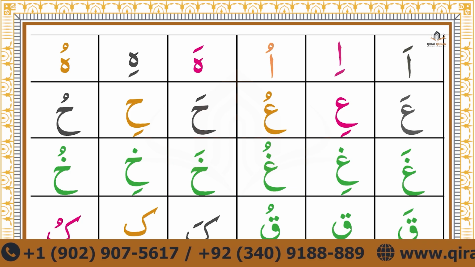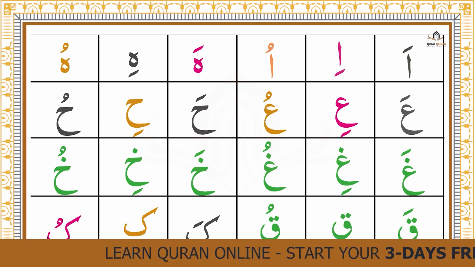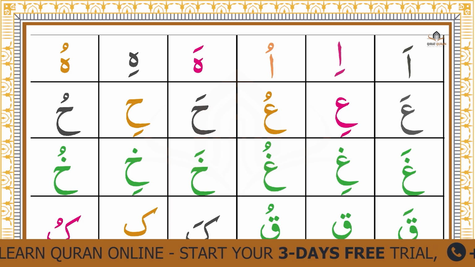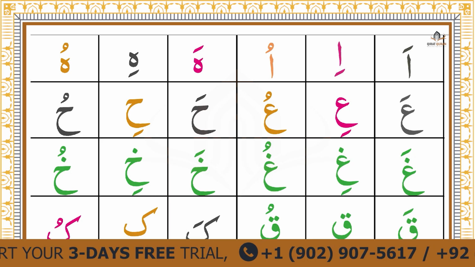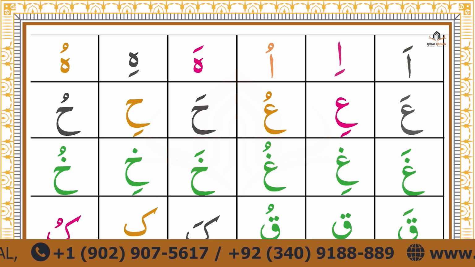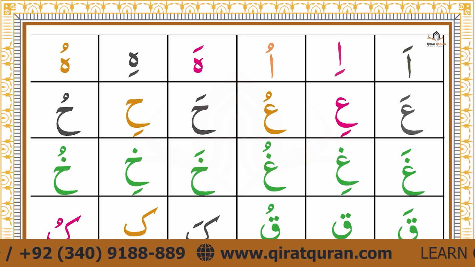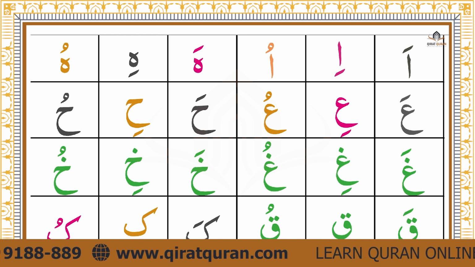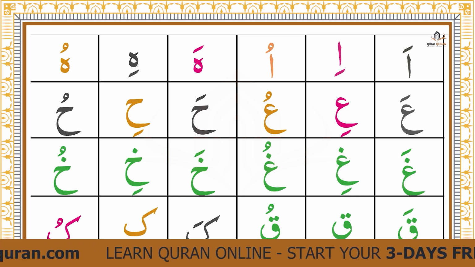The first one, a dash above the letter, is called Fatha and pronounced as A. Then the second one, a dash below the letter, is called Kasra and pronounced as E. And then the Dhamma, a comma shape above the letter, is pronounced as U.